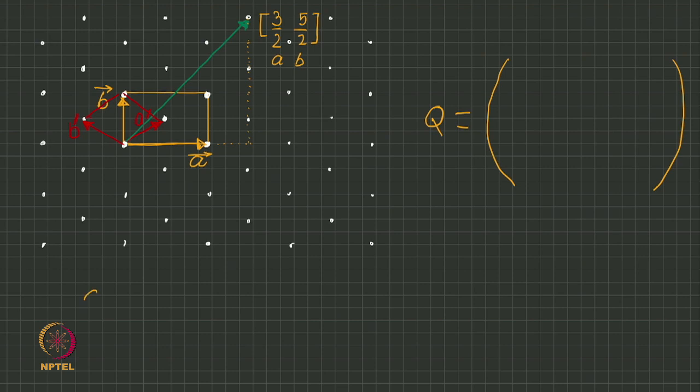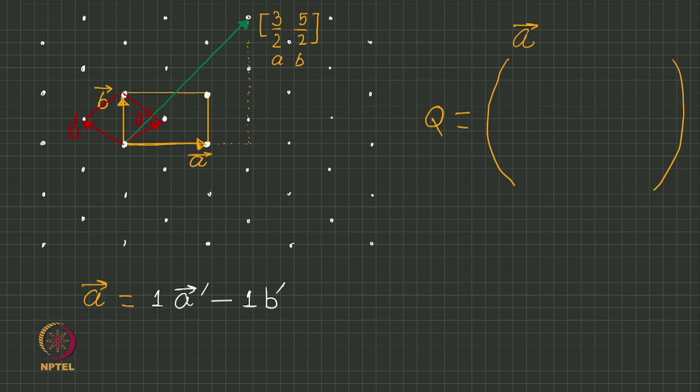So, we have to write A, the first column, in terms of A prime and B prime. What is A in terms of A prime and B prime? A is 1 A prime minus 1 B prime.